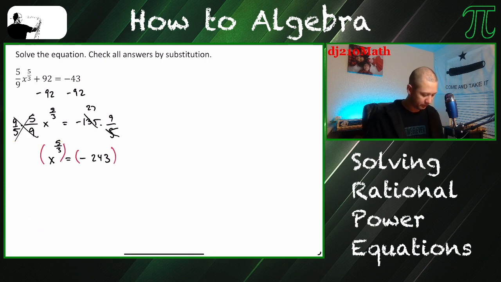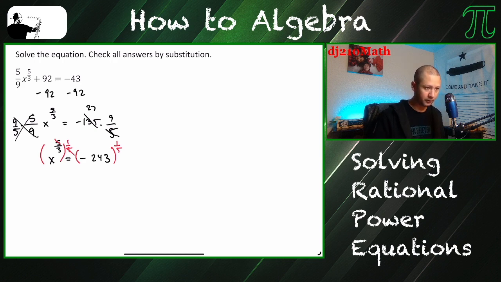Because the numerator is odd, I can raise this to the reciprocal. However, if I'm just starting out and I want to take things slow, I can raise it to the numerator first, right? Meaning if I do 1/5, the 5s are going to cancel.